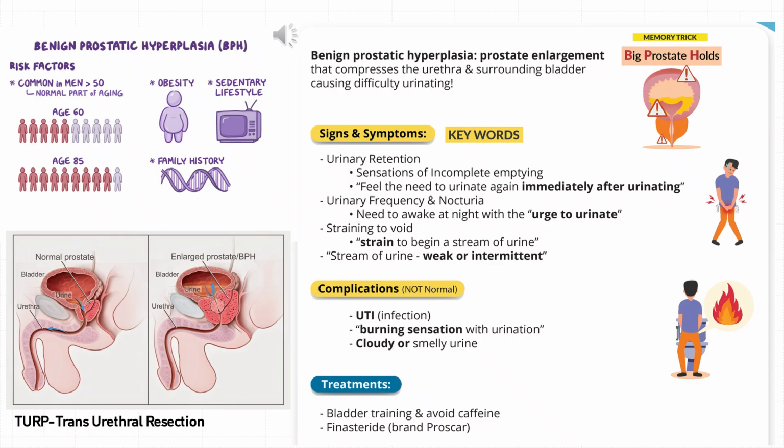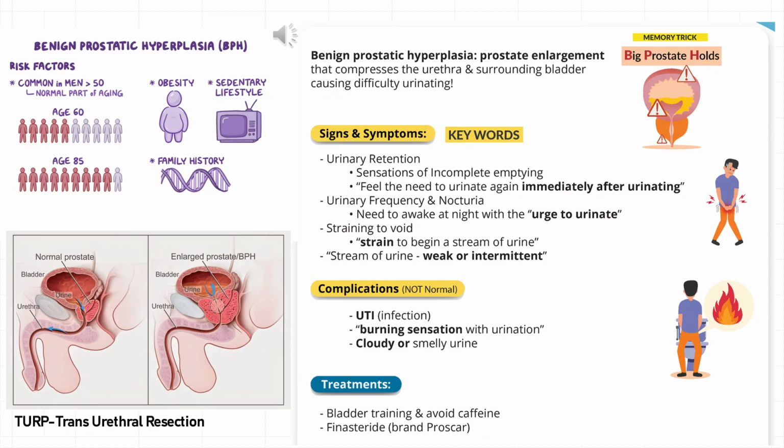These help to shrink the prostate by decreasing DHT. These medications do typically take about 6 months to take full effect, and it can decrease libido in a male patient. So we want to make sure to educate that the patient should continue to take these medications. These medications can also be toxic to pregnant women, so make sure to protect yourself with gloves.